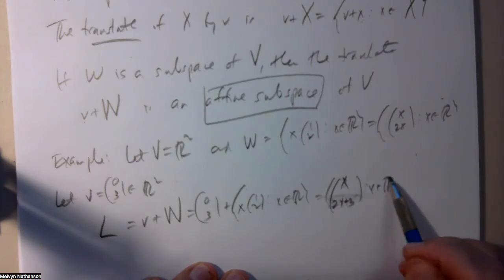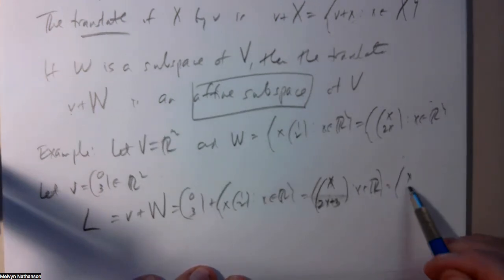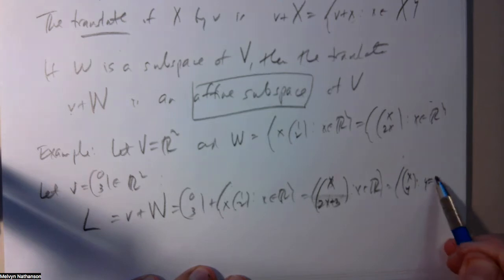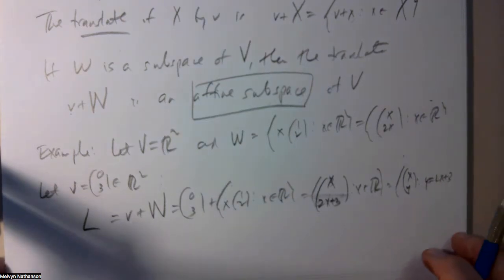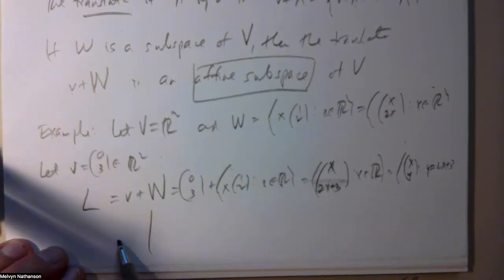Or again, we can write this as the set of all vectors (x, y), where y is 2x plus 3. So let's just draw a picture of what this is.